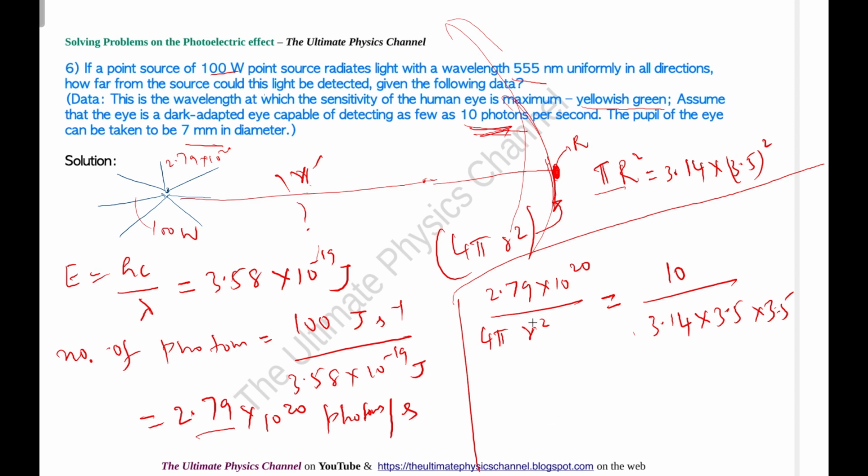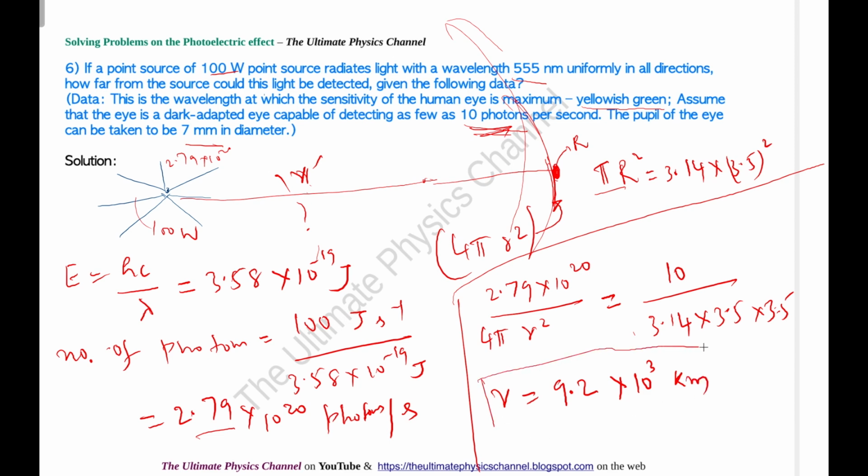So if you rearrange the terms here and go on to calculate r, all other values are known to us, you will find that the radius, or the distance from this source at which about 10 photons are detected, is about 9.2 into 10 power 3. The distance r at which this would occur is 9.2 into 10 power 3 kilometers.